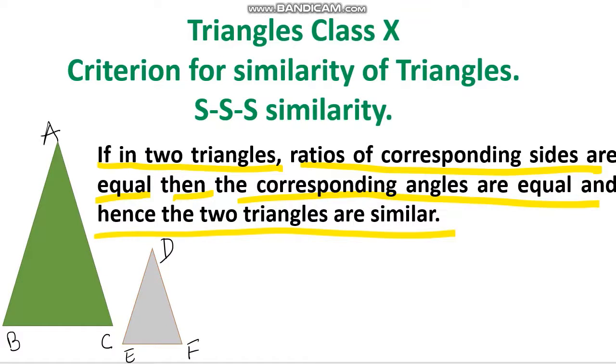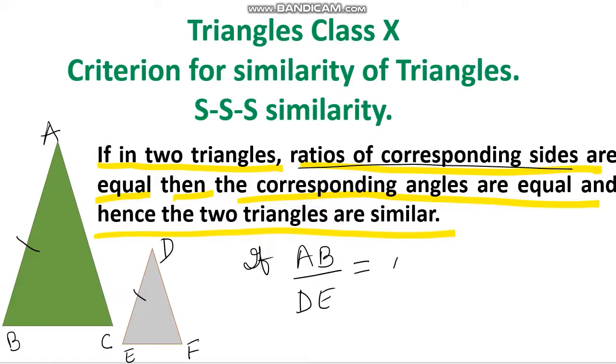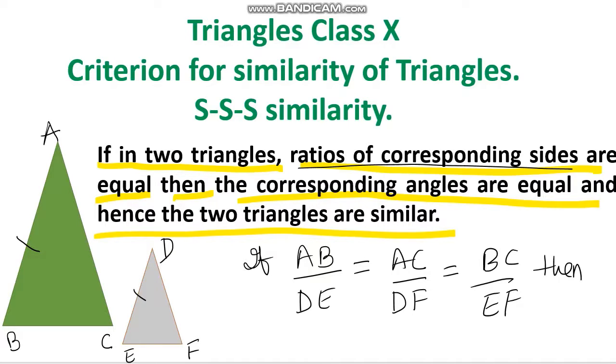Now if in two triangles ratios of corresponding sides, that means if AB by DE, corresponding side of AB is DE, if AB by DE is equal to AC by DF and this is also equal to BC by EF, then corresponding angles are also equal.